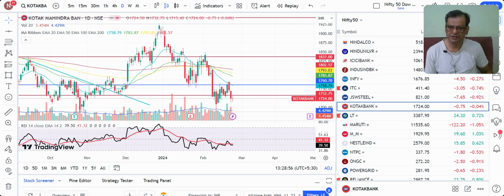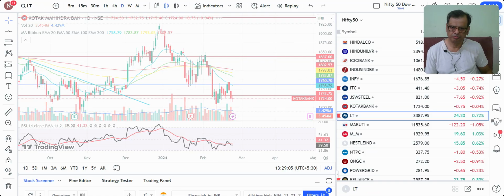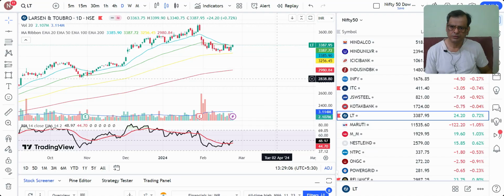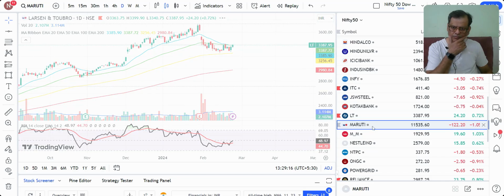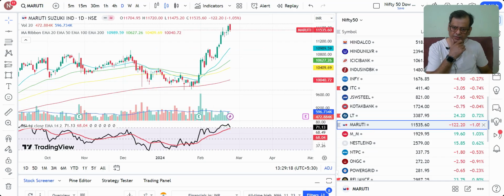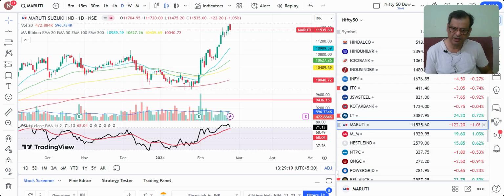Let me check the charts. Drop base rally. No, there is a drop, a base, but no rally here. I'm just trying to get you to see a drop base rally. We get it in Maruti Suzuki finally.